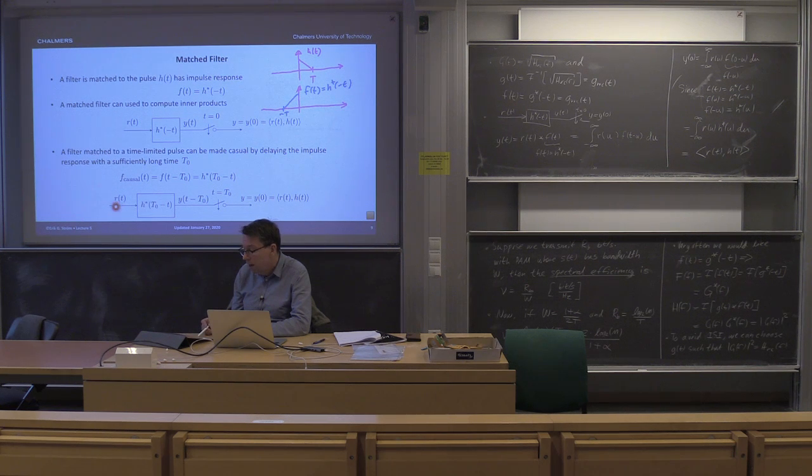And then if we have the input and causal filter here, we get the causal output. And if we then delay the sampling by the same amount by which we have delayed the impulse response here, we get the same output as we did in the non-causal case, right? So basically, if I delay the impulse response, I delay the output with the same delay.